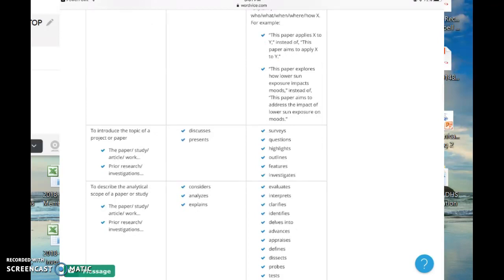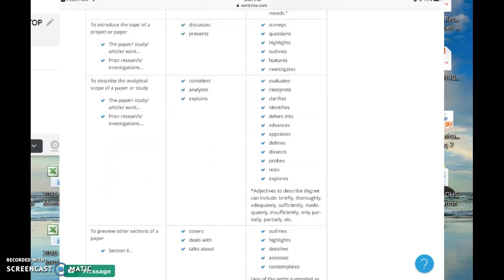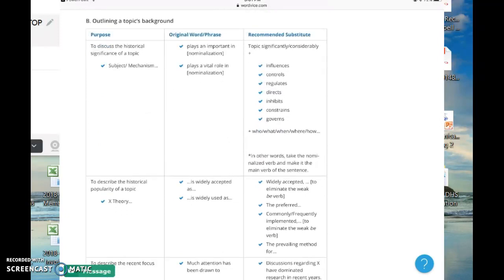It shows you some of the widely used verbs in science and academic writing, especially analytical writing. You're writing journal articles, or you're analyzing information provided by other sources. So this list is very, very useful. So I put the link to that in the supplemental materials as well.